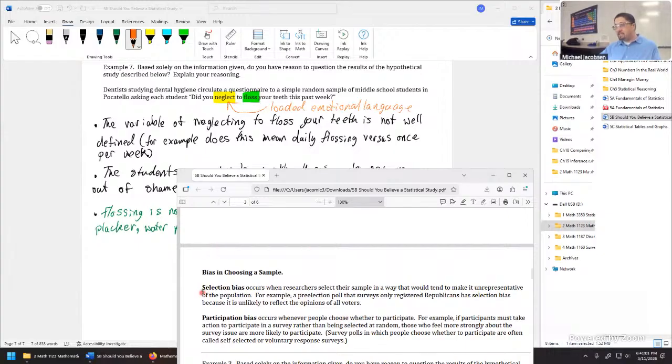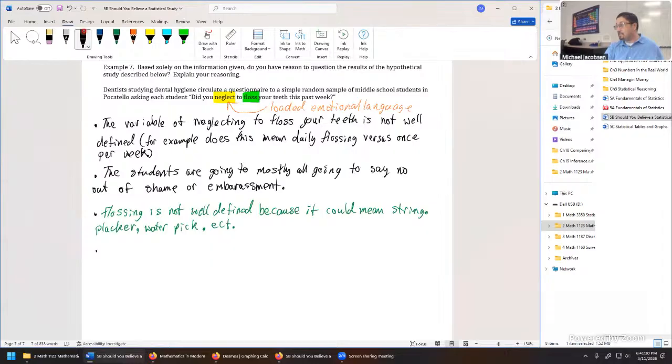So I don't think selection bias is a major issue because they try to get a simple random sample of middle school students, but they may not fill out the questionnaire in the very first place. So participation bias occurs when people, now we're talking middle schoolers, and they can be kind of fickle, get to choose whether they're going to participate or not. Dental hygienists, they may not get any responses whatsoever, maybe just a couple, a small handful.